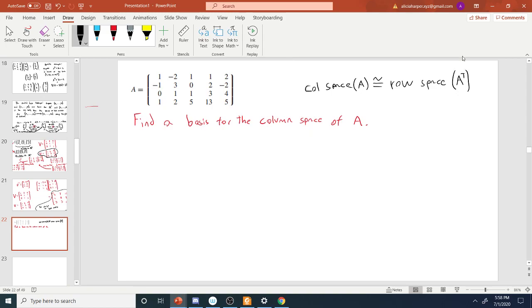Which means if I want to find a basis for the column space of A, I can do well to find a basis for the row space of A transpose. And then once I find a basis for that, I can translate it back for the column space.